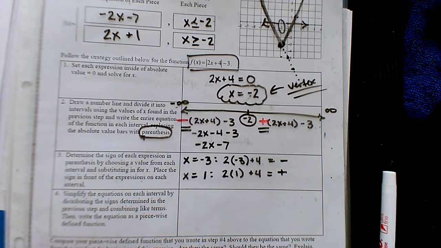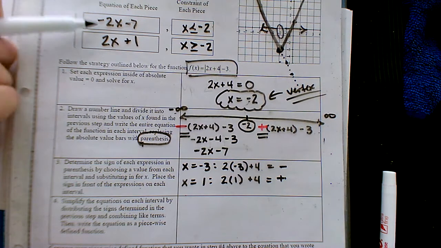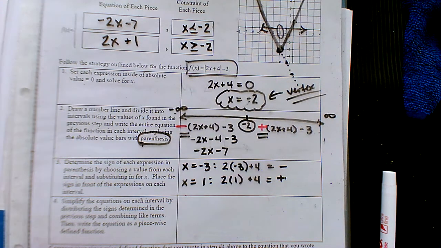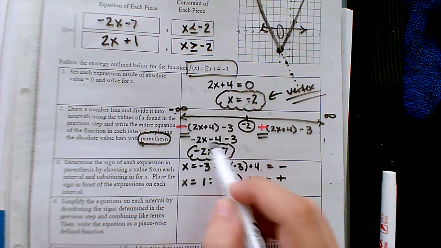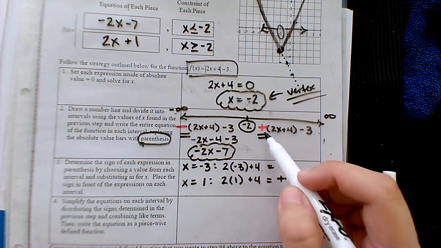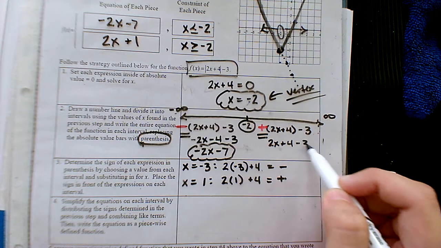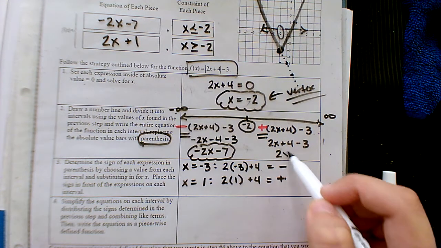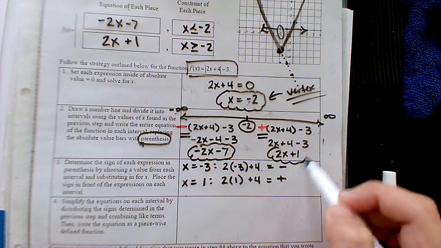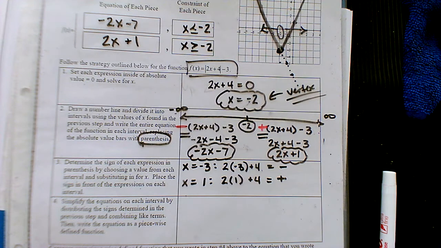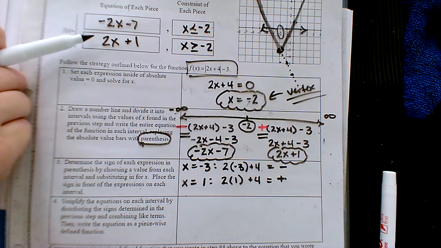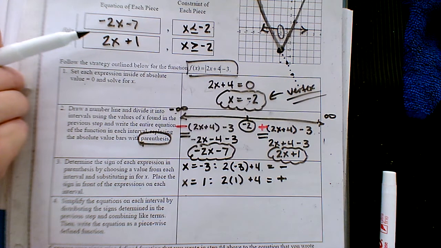We've seen that before, right? Wasn't that the first equation we had at the top? There we go. Let's try the other one. If we distribute a positive sign, nothing would really change. And if we combine like terms, we'll get 2x plus 1. Notice how that was the second one that we found from the graph.